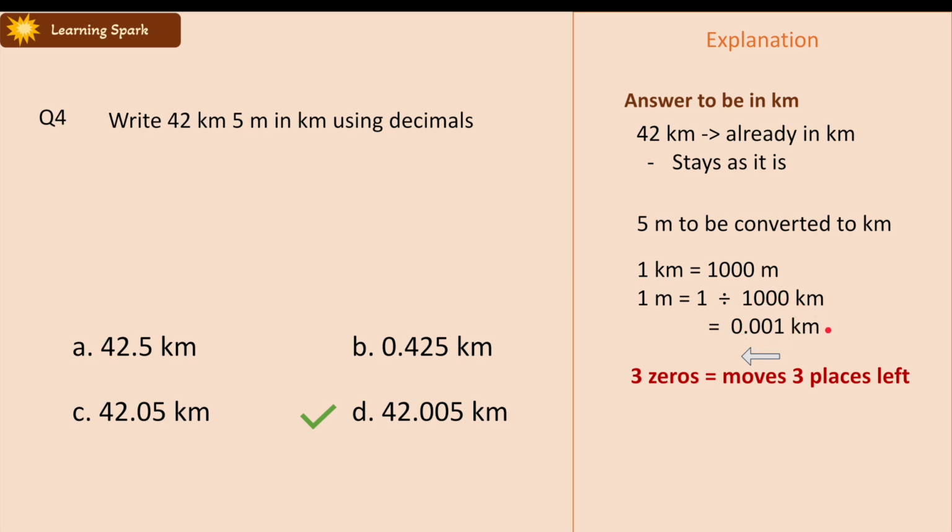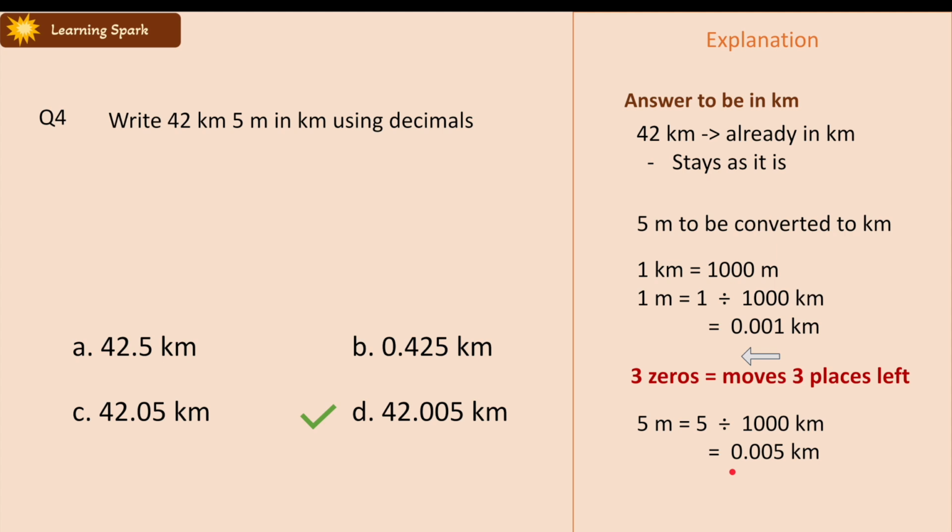Similarly, here we have to convert 5 meter into kilometer. So we start with 5 and divide it by 1000. To convert it into a decimal, we write 5 and then move 3 places left, because there are 3 zeros. So 1, 2, 3, and we get 0.005 kilometer.